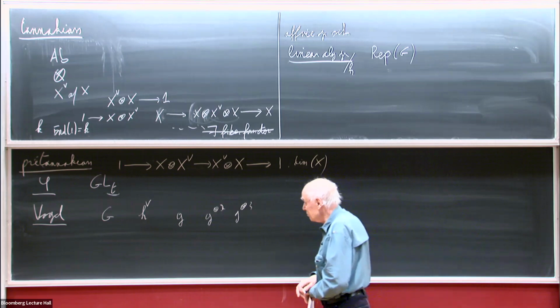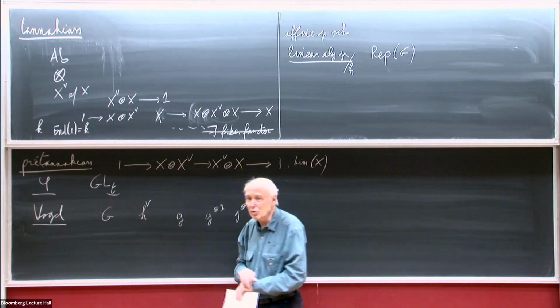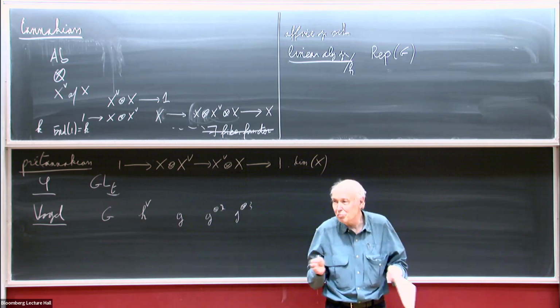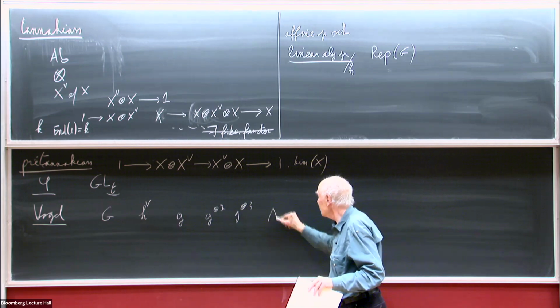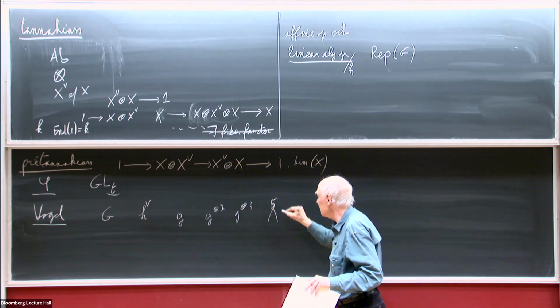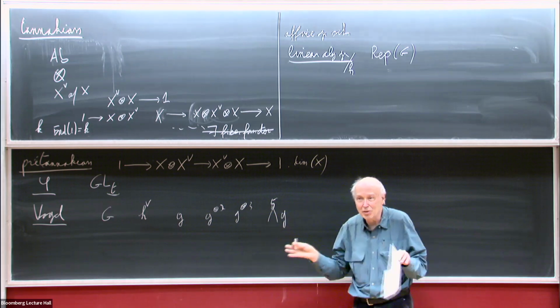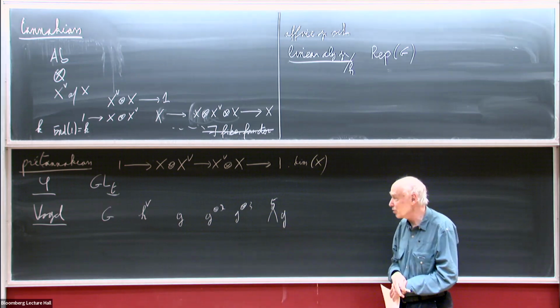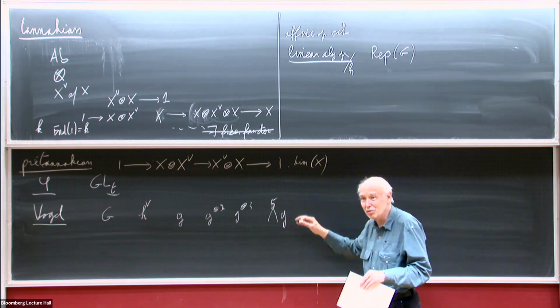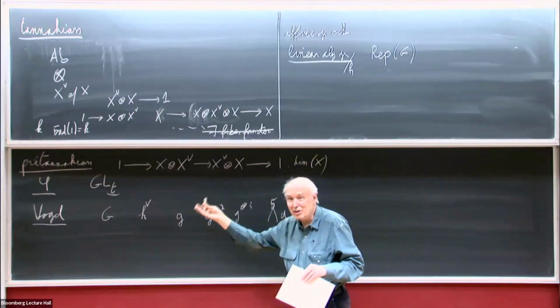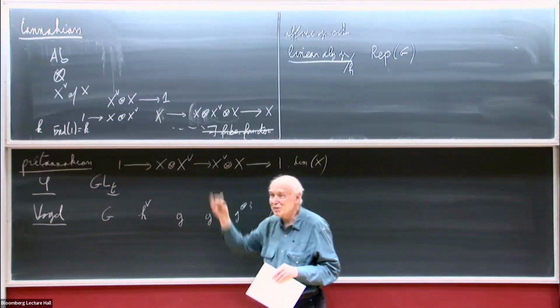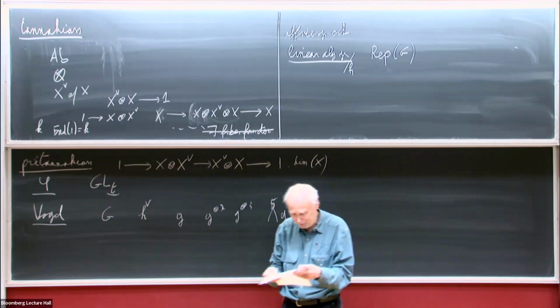So for a while, I was very optimistic one could do something like that, but it seems to break down when you go to the exterior powers of g, which becomes completely not understandable. So I don't believe it works, but it was a reason to look at Pretannakian categories.